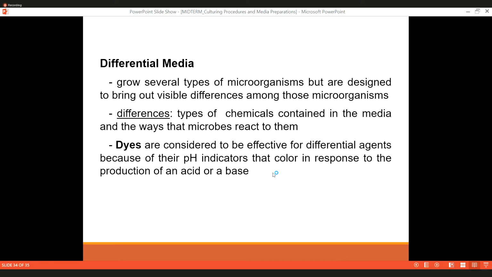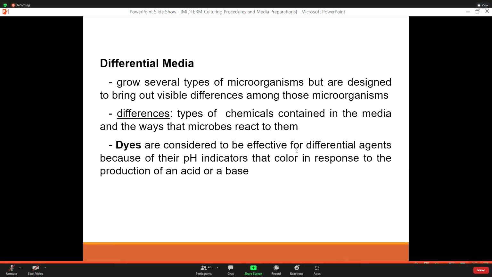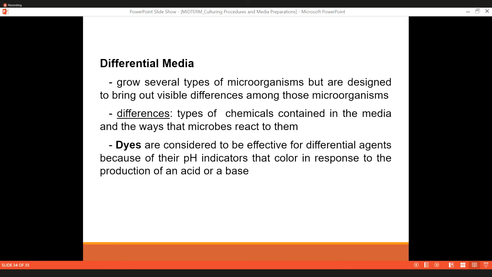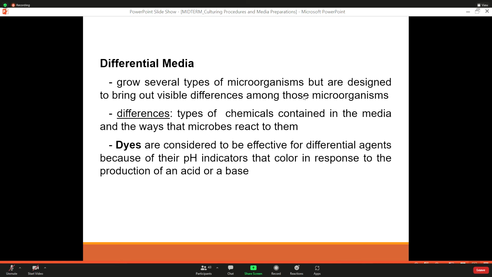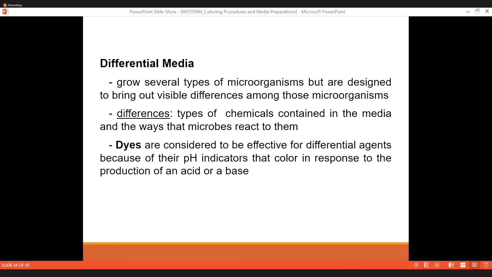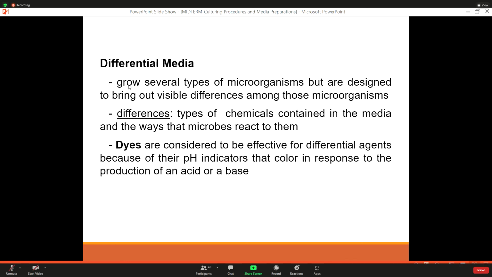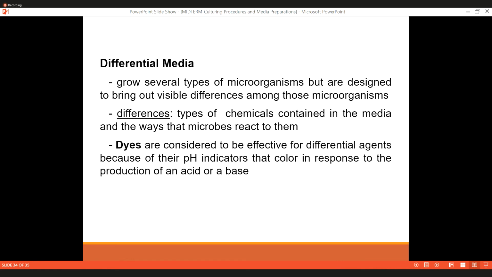Because of the type of chemicals in differential media that enables the microorganism to react, no? But aside from that, if you also want meaningful results, you can practice staining techniques. Since it brings out the visible differences, you can also use staining technique so you can see them better, no? Ayan.